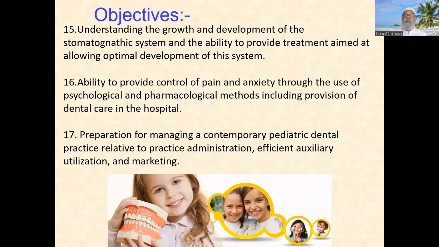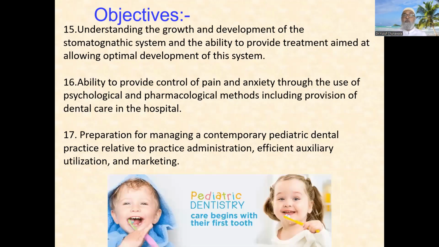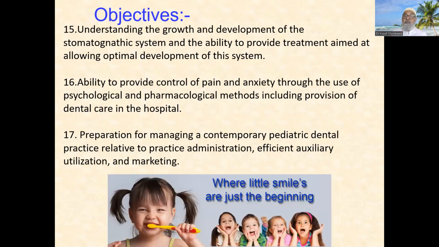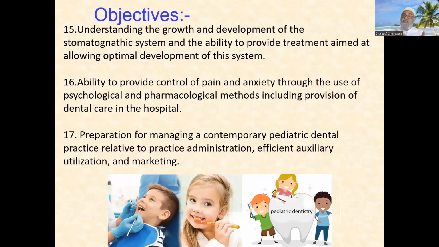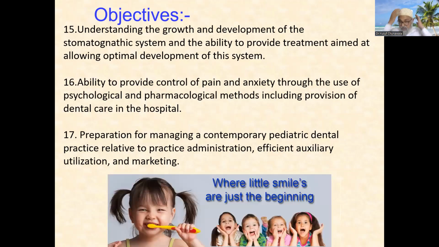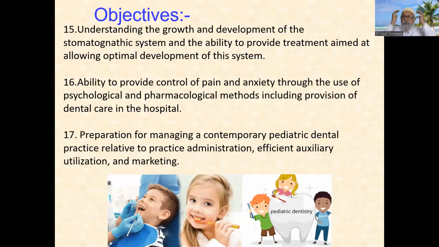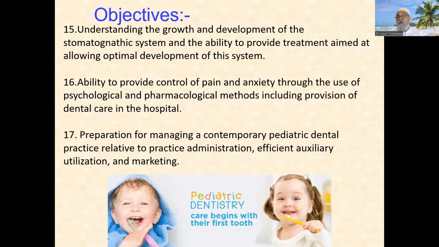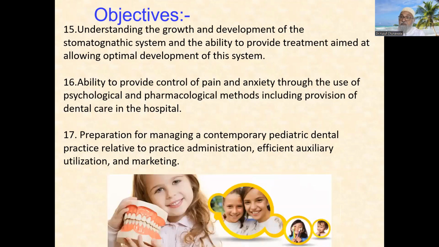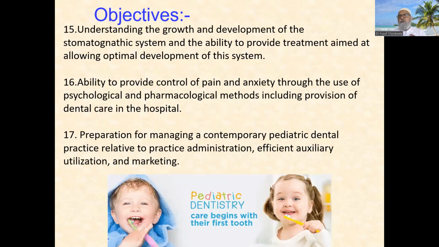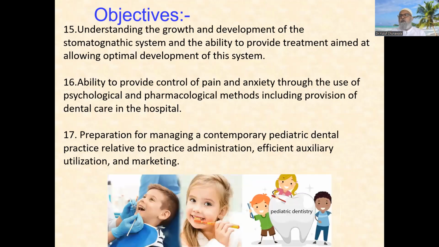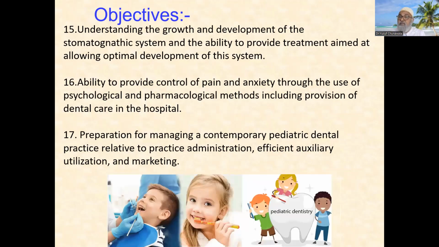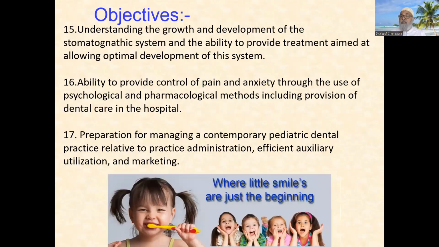And finally, ability to control the pain and anxiety through the use of psychological and pharmacological methods, including provision of dental care in a hospital. Now, adults are generally treated on the dental chair, but a child patient, at times, if he's extremely uncooperative, or he's a special child, or he's so small, maybe a 1.5 year old, he's not in that age group where he'll understand our various methods of explanation.